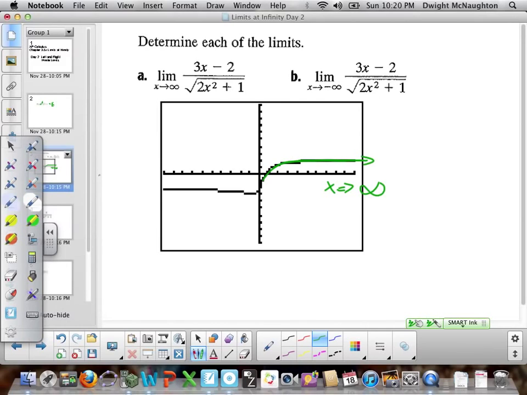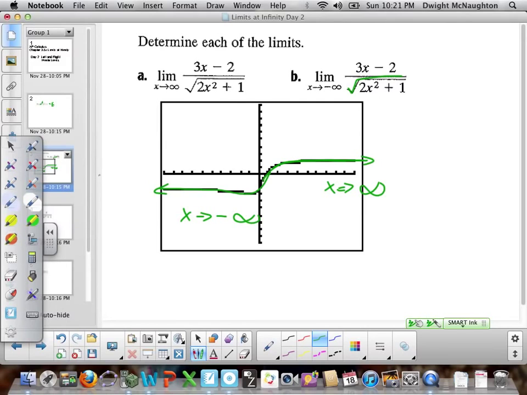And to the left, as we approach negative infinity, we are also leveling off, but we're leveling off to different numbers. And the reason that happens is because we're taking the square root.